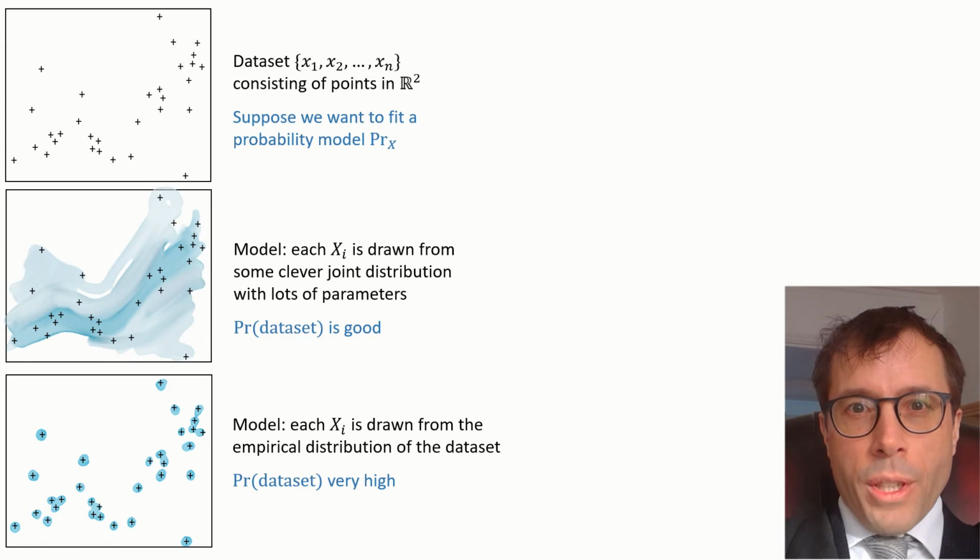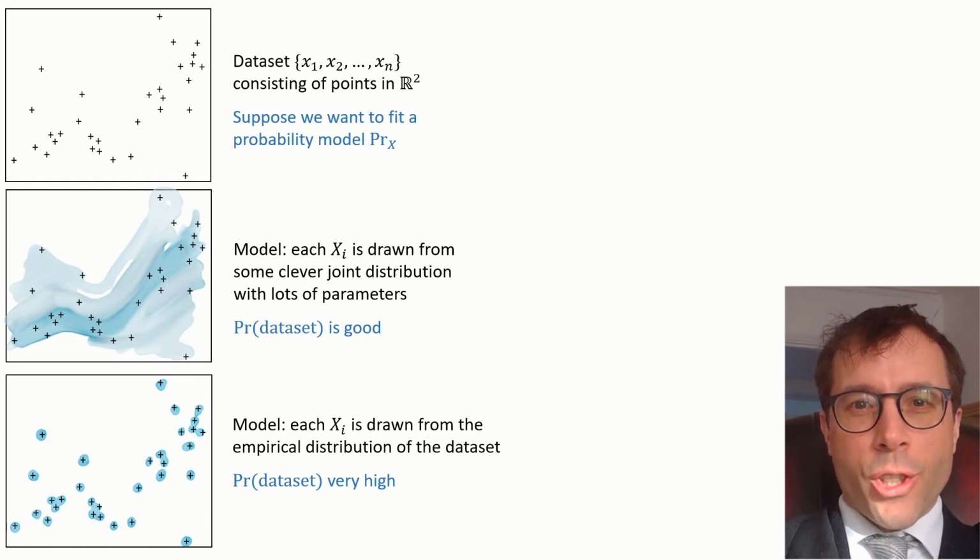It's a probability model that puts probability mass exactly where the data points are and nowhere else. And so it makes the likelihood of the dataset as high as it can possibly be, because it doesn't waste any of its probability mass by smearing it around in regions with no data points. Okay, so the empirical distribution is a perfect fit to the data.